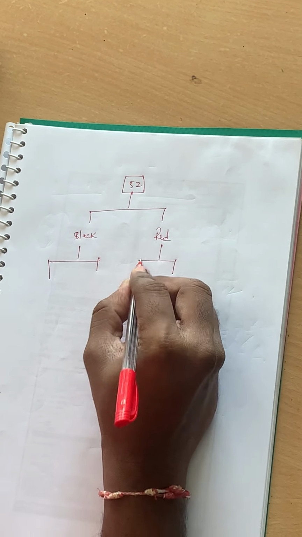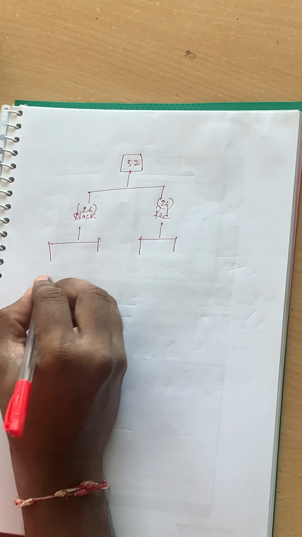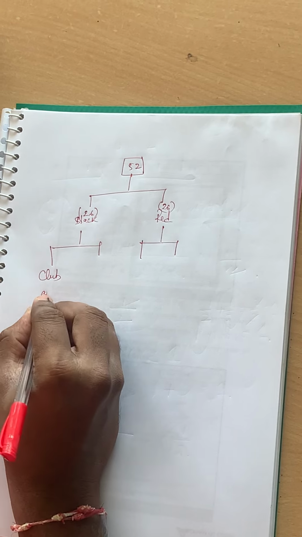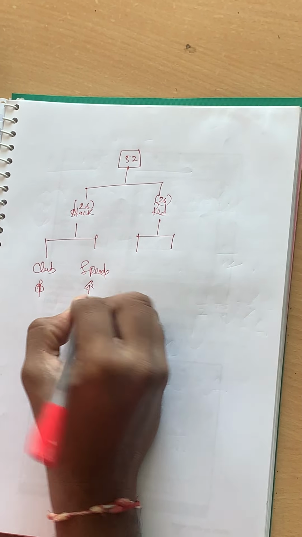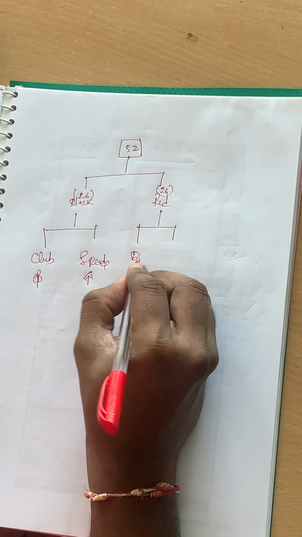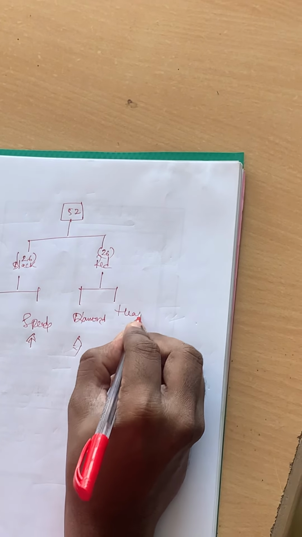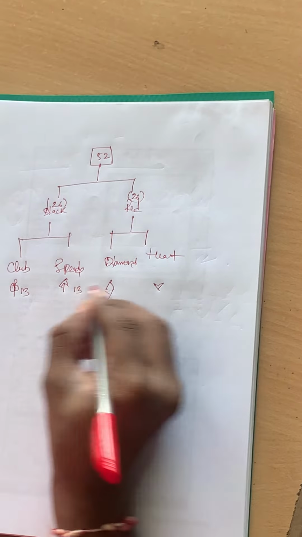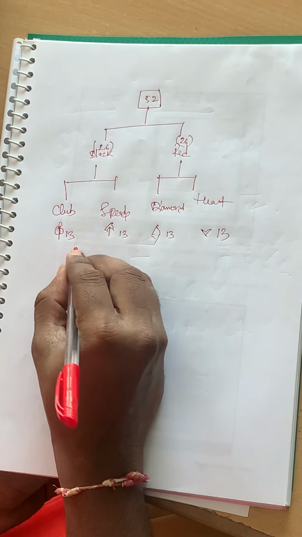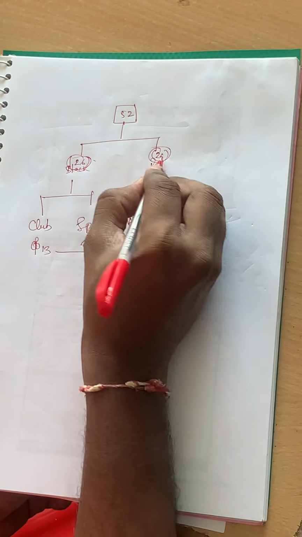In black we again have 2 suits, club and spade. In red, diamond and heart. So 13, 13, 13, 13: 13 plus 13 is 26, 13 plus 13 is 26, and 26 plus 26 is 52.